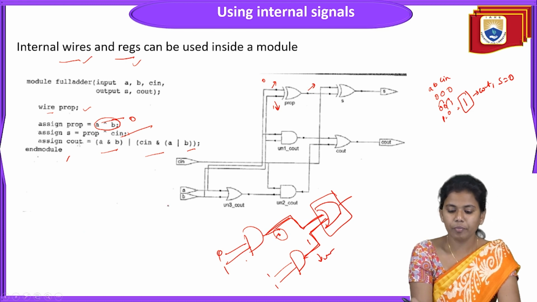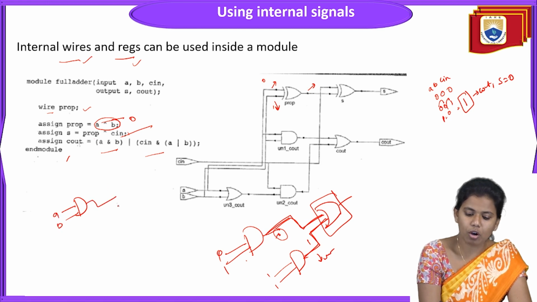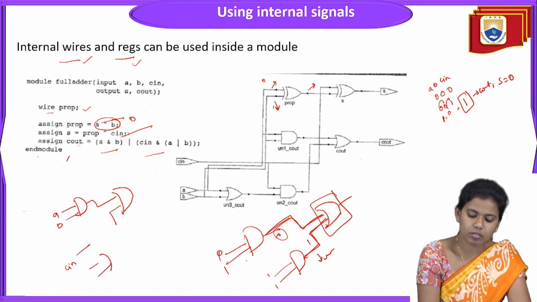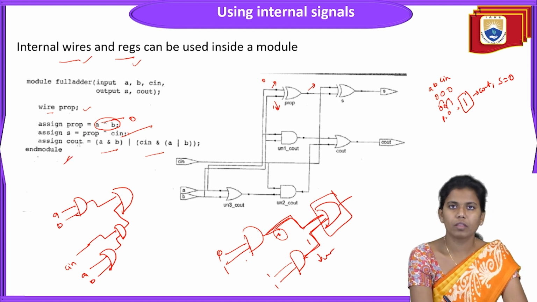I can draw the figure: A and B given to an OR gate, one more C in, and C in and A or B. This is how I can write it, and then finally the end module.